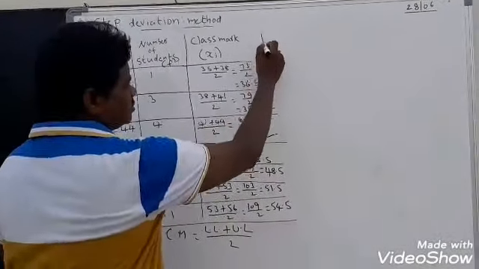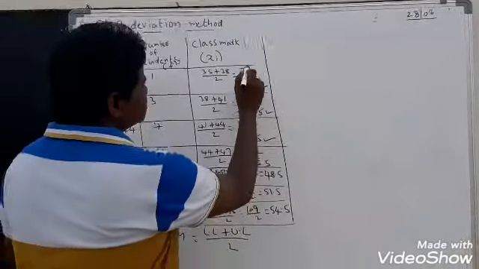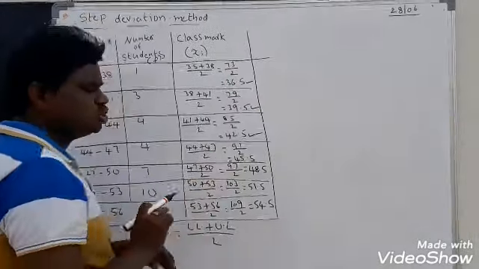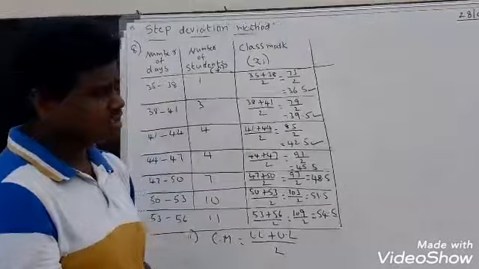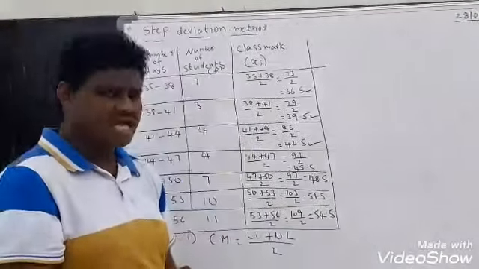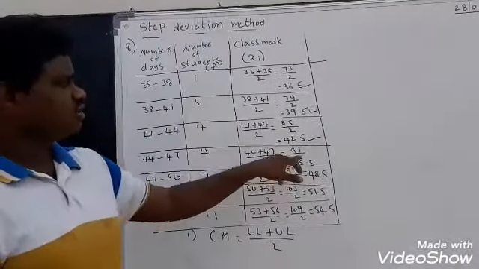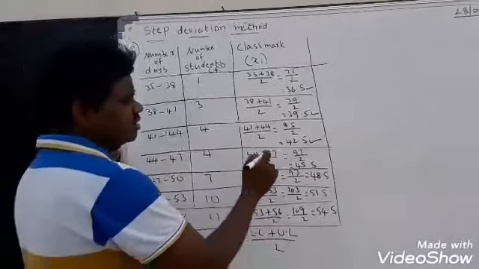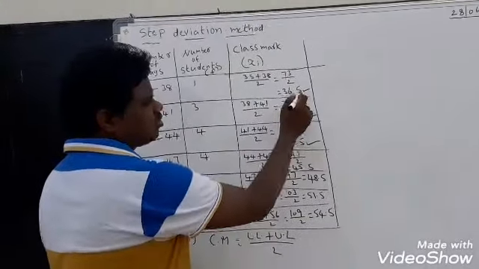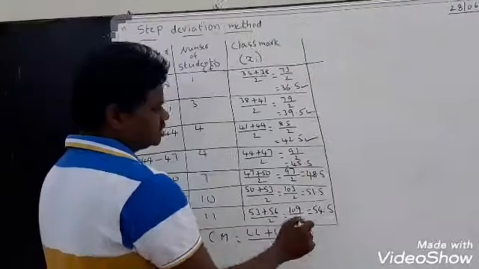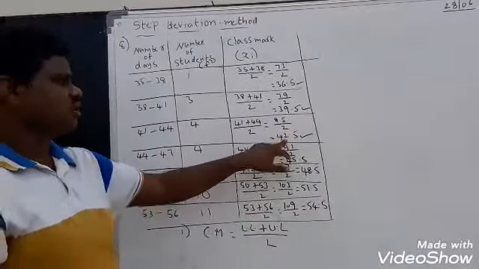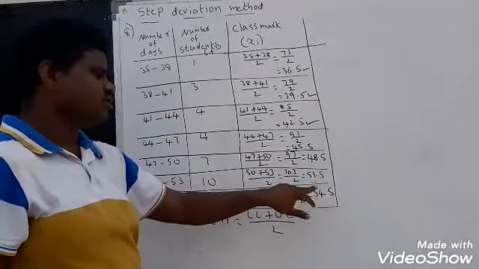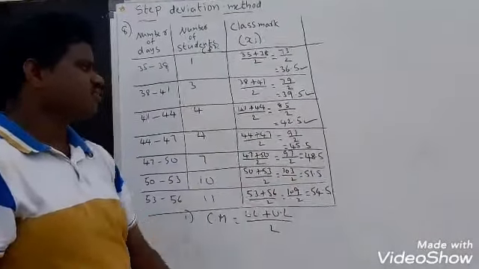After calculating this, already I told you that you have to select the assumed mean. How do you select the assumed mean? Arbitrary mean, A. Generally, I told you to choose from the middle. So here, what are the values we have? 36.5, 39.5, 42.5, 45.5, 48.5, 51.5 and 54.5.